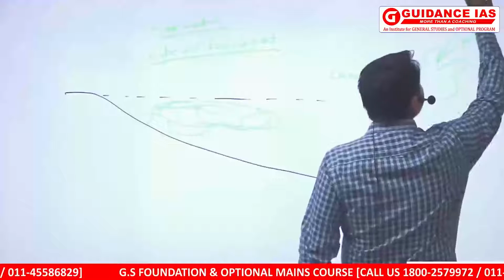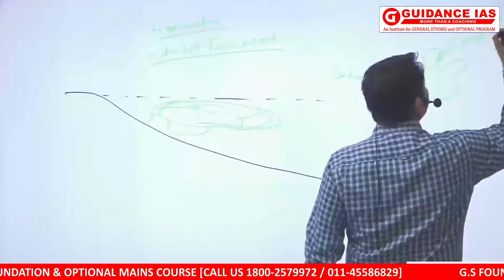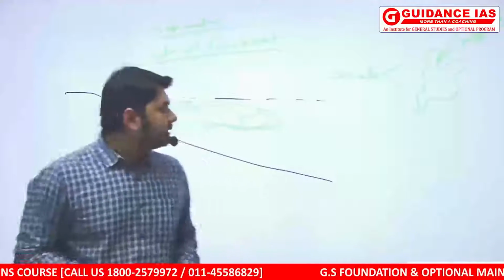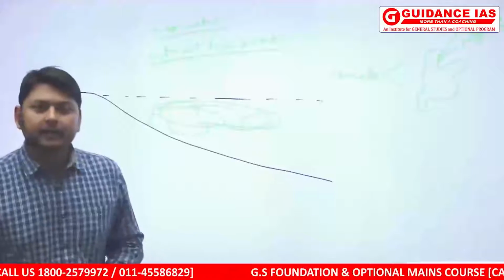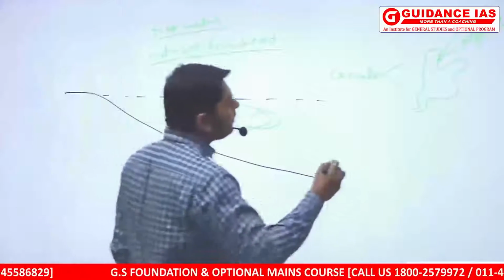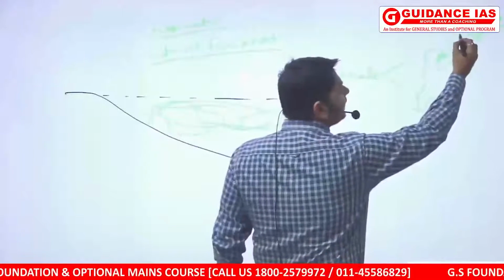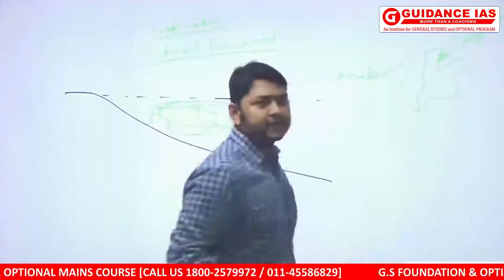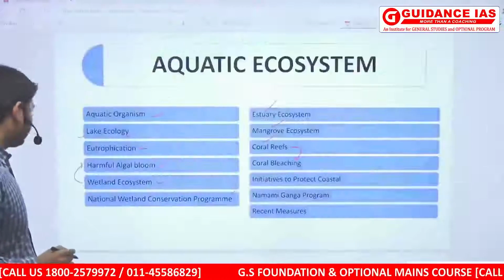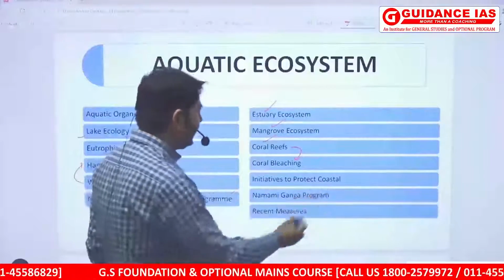These two organisms form a symbiotic relationship with each other and they give color to the corals. Because of heating or global warming also, this algae gets disassociated from the polyps, and because of this the bleaching occurs.